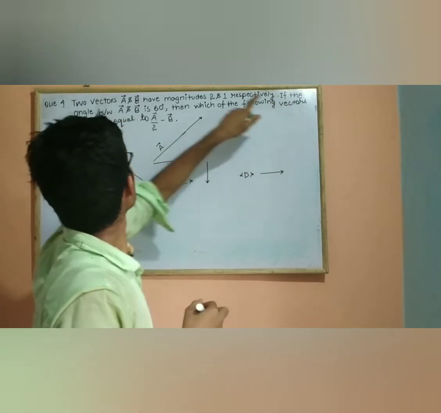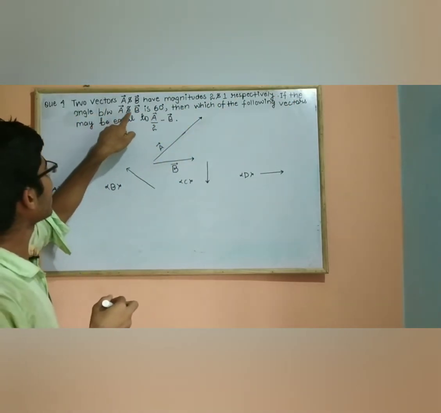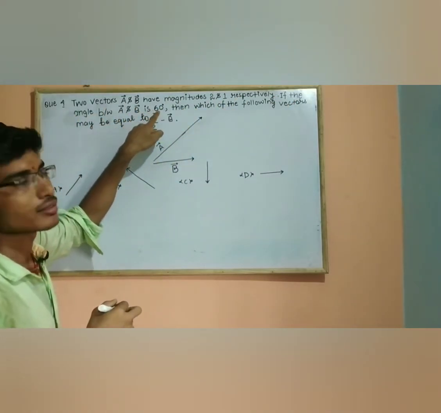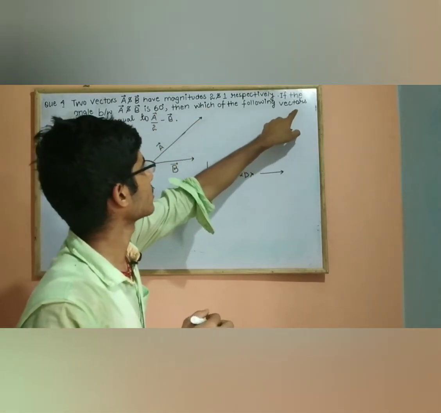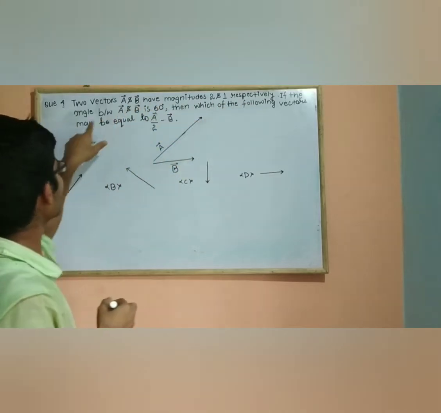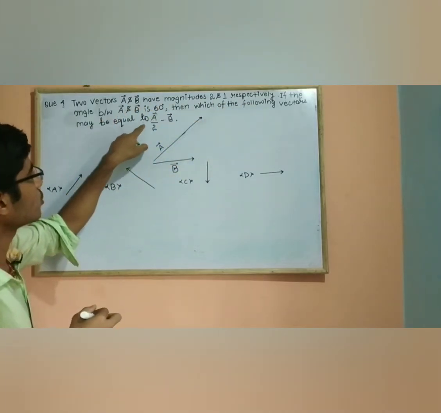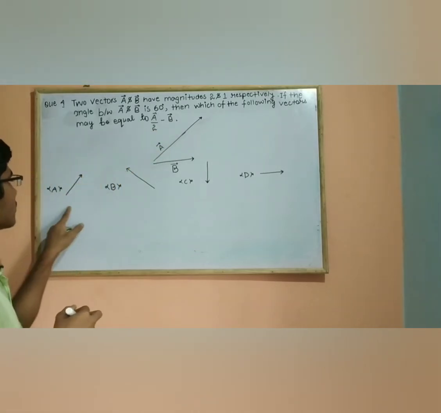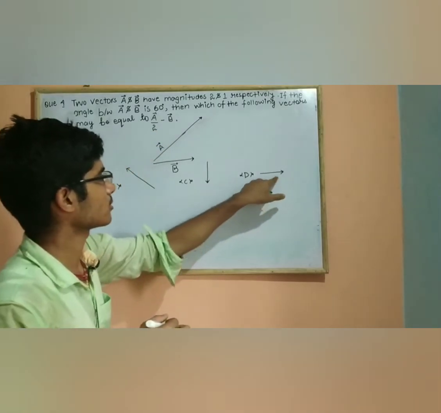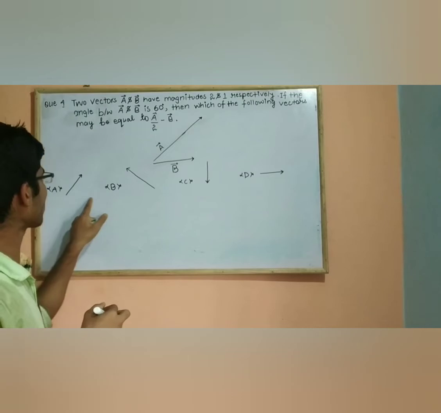If the angle between A vector and B vector is 60 degrees, then which of the following vectors may be equal to A vector upon 2 minus B vector? And these are the options for the direction of vectors.